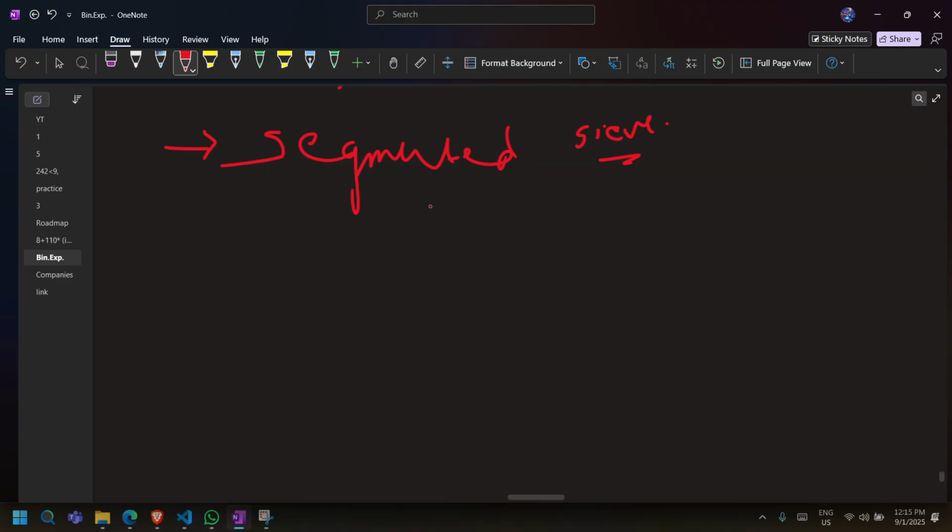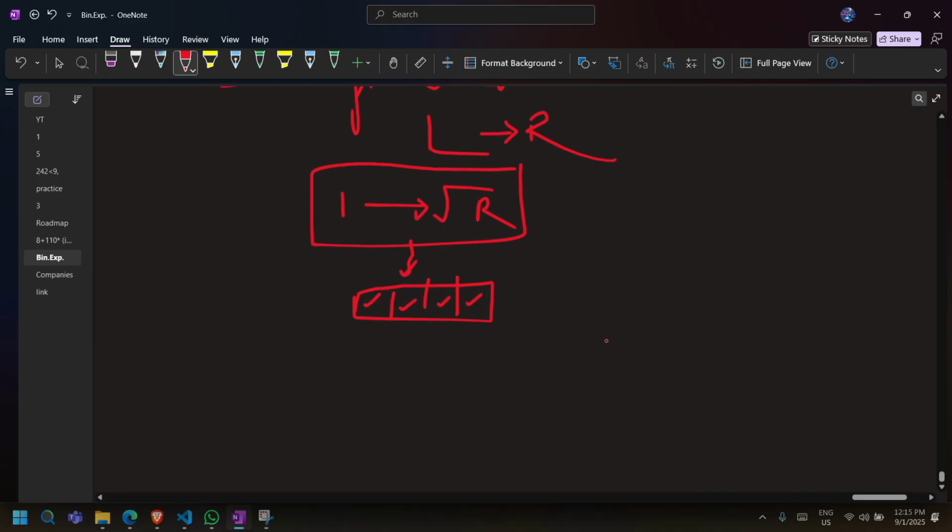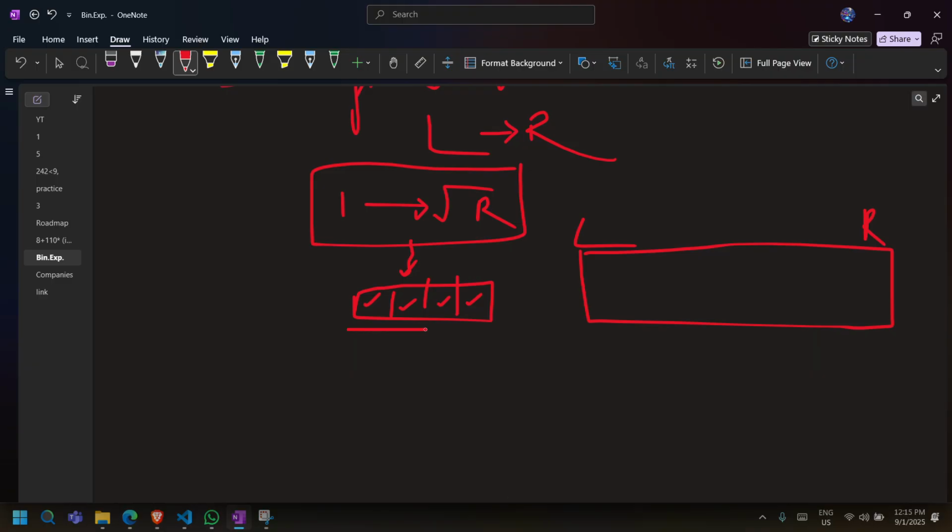Let me briefly tell you how to apply segmented sieve. You first find all the prime numbers from 1 to root R, which will give you a vector of primes, and use these primes to remove all the composite numbers from L to R. That means iterate on these primes and their multiples: take the first prime, iterate on the multiples of this prime, p into 2, p into 3, and mark those as false.